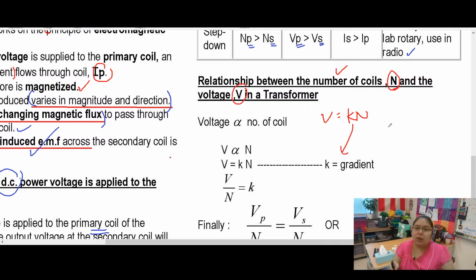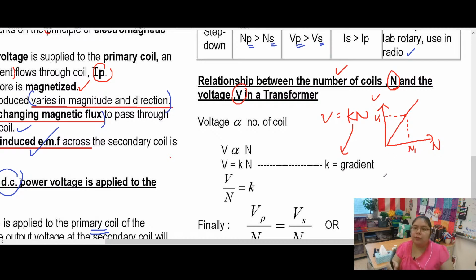Okay, now we need to create the formula. For example, I'm going to draw the graph, V versus N. From here, there's a directly proportional relationship. I want to find one of the points. I label this as V1 and this as N1.